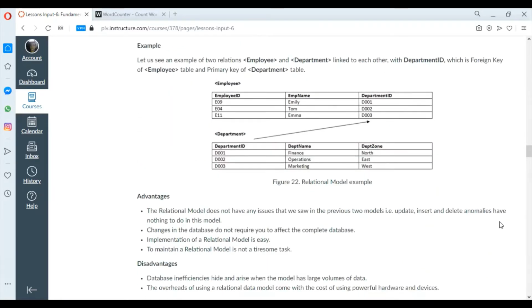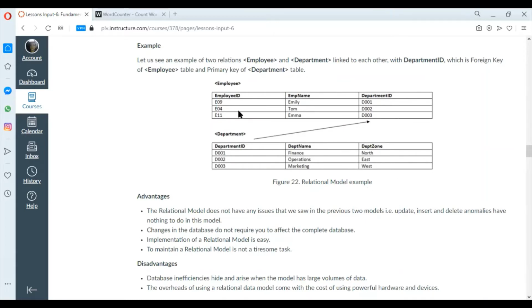So we have an example here wherein we have two tables, the employee and the department. The employee has a relationship with the department in the sense that each employee has a different department ID, which we could connect to the department table.